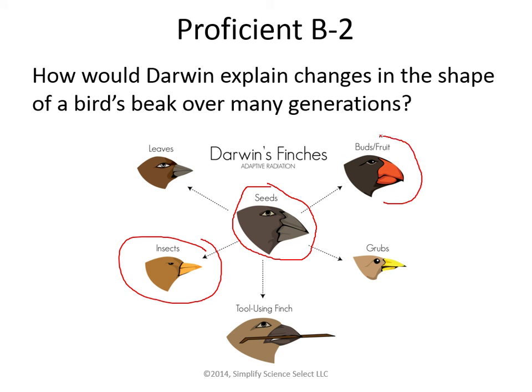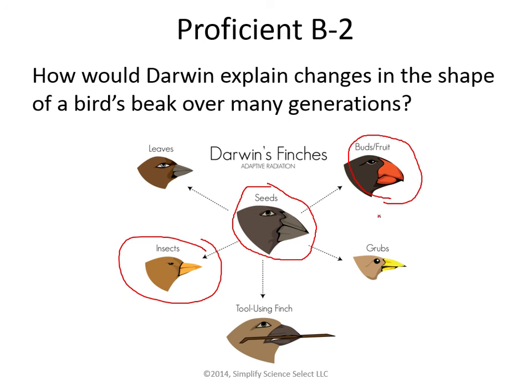Whereas the bird that was trying to eat fruit had a wider, stronger beak that was able to bite big chunks and really get a grab of them. So depending on what they're trying to do, remember, adaptation all depends on the challenge. Some of them had an advantage over others.